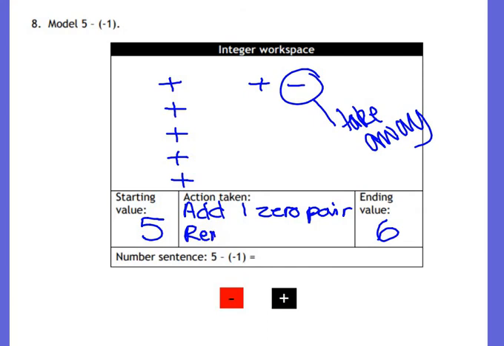Removed 1 negative. So 5 minus a negative 1 means what? 6.